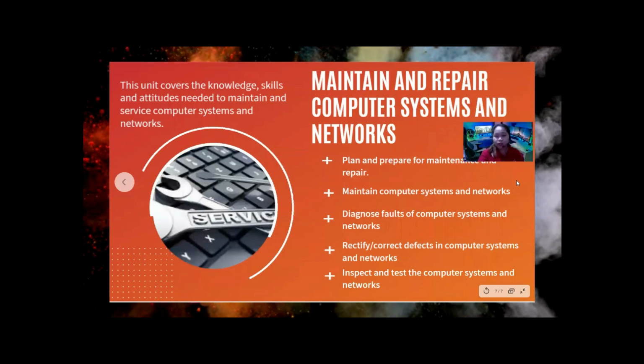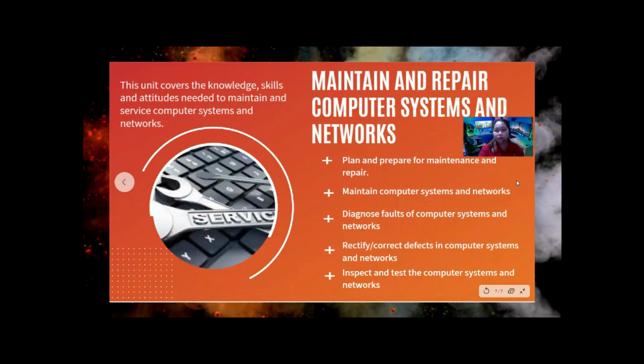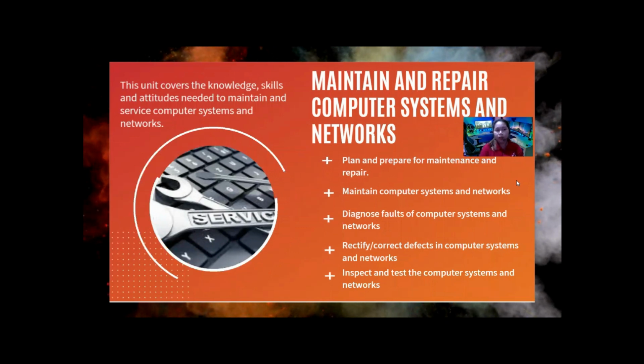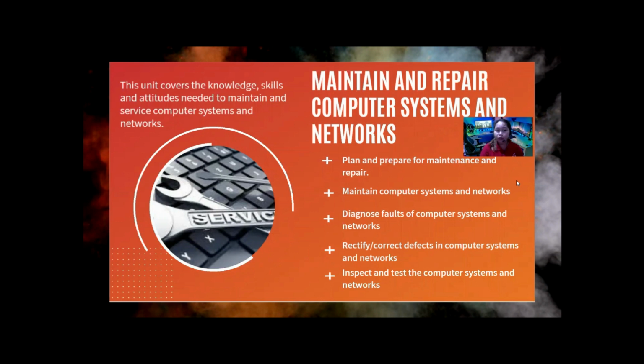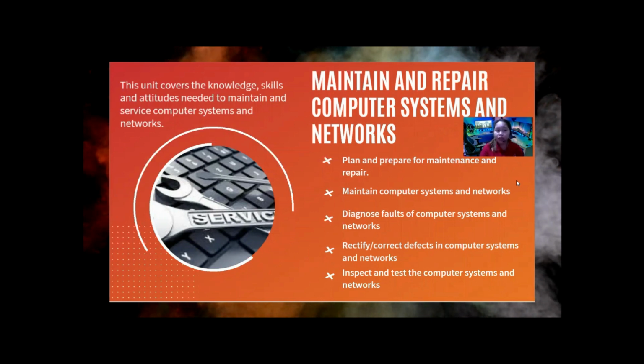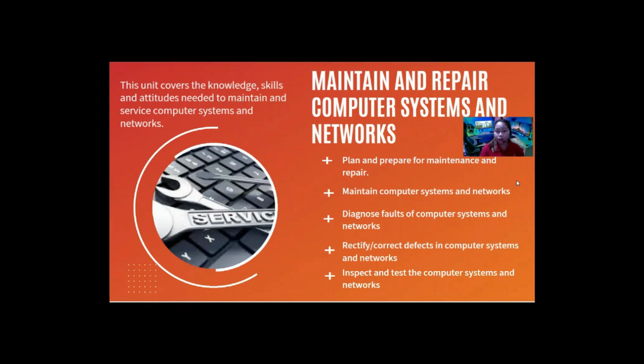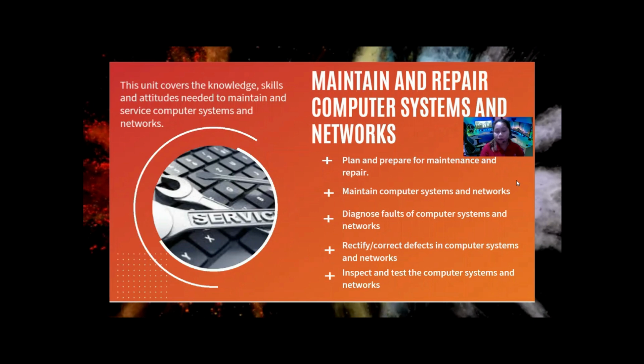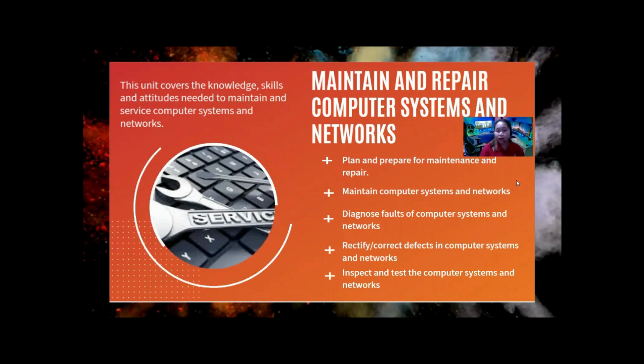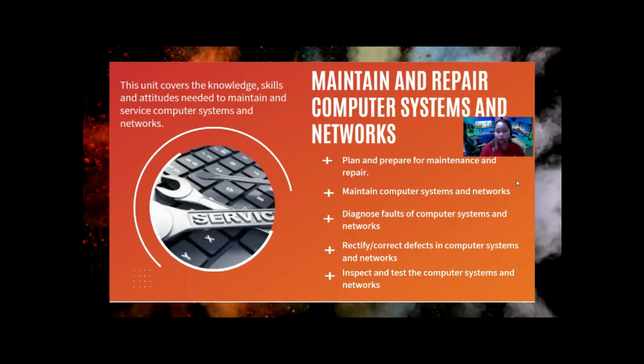And the last core competency is maintain and repair computer systems and networks. This unit covers the knowledge, skills, and attitudes needed to maintain and service computer systems and networks. There are 5 learning outcomes in this competency. First, plan and prepare for maintenance and repair.